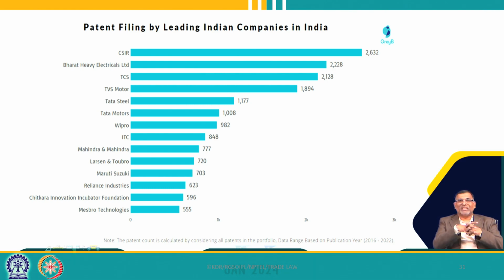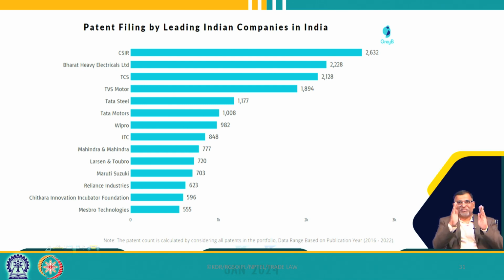Only third do you see a private company, such as TCS or TVS Motors, Tata Steel, Tata Motors, Wipro, ITC, Mahindra and Mahindra, then L&T, Maruti Suzuki. So, we can see the trend is very clear. The private companies are filing very few; for example, over 6 years the average is less than 200 patents per year.